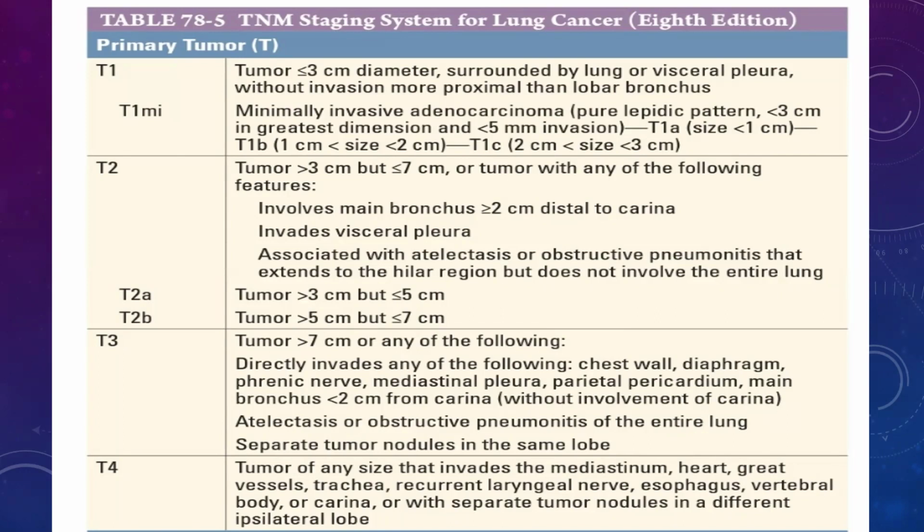So a separate tumor nodule in a different ipsilateral lobe, for example, if you have a right upper lobe mass and you have a right middle lobe nodule, then that will fall under T4. Okay.